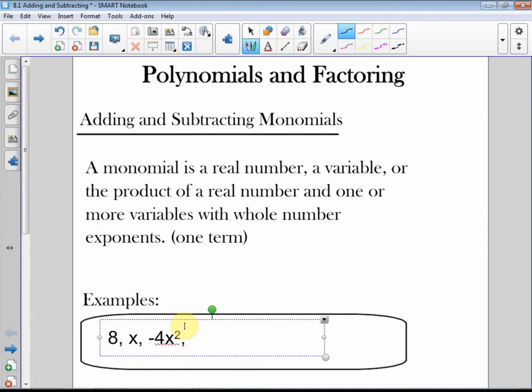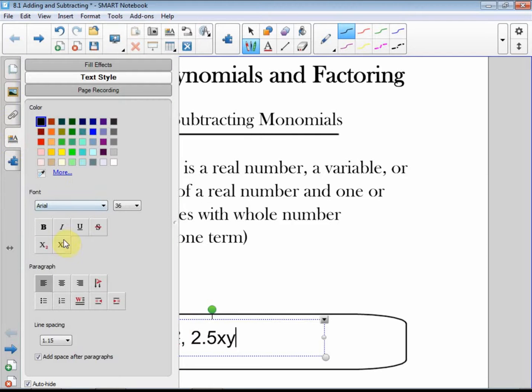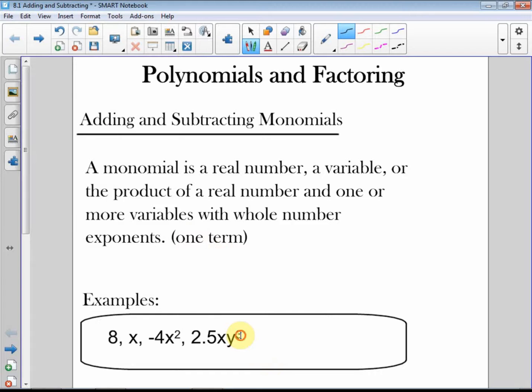And we can have more than one variable with a coefficient, so let's say 2.5xy. Let's make it complicated and add an exponent, cubed. These are all single terms.